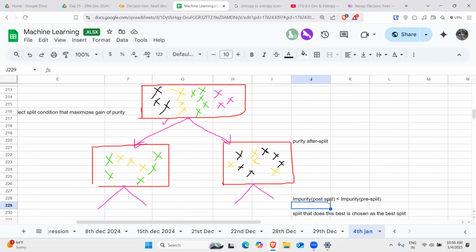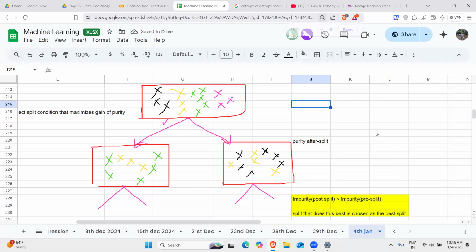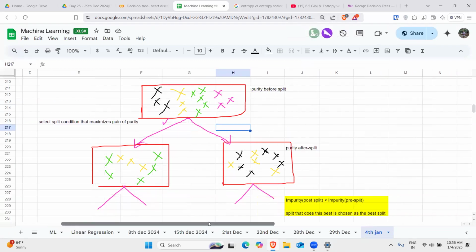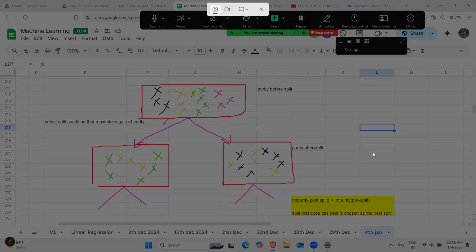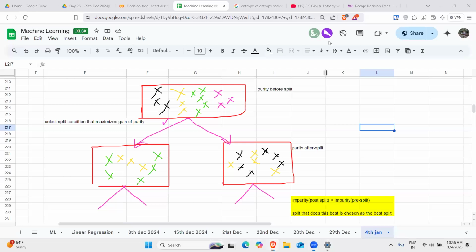Why we are doing decision trees is that we have to minimize the impurity and maximize the homogeneity. So the criteria for the best split is that impurity post split should be less than impurity pre split. After splitting, impurity should be less.